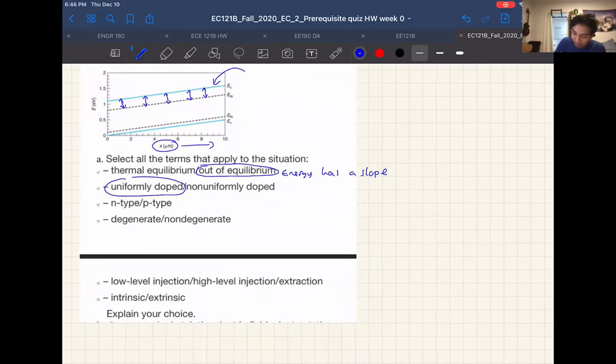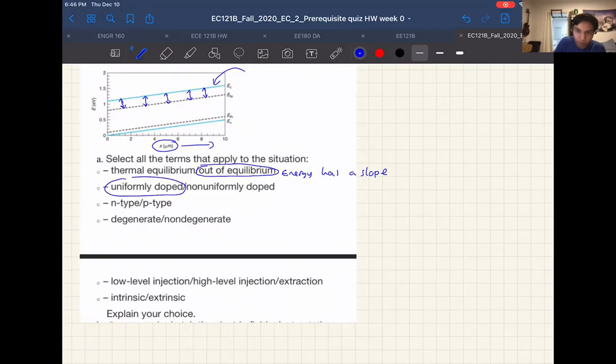I'll give you a hint. The more you dope something, the closer it gets to the conduction or valence band. So maybe one approach would be to see which band it's closer to, either the conduction or the valence band.